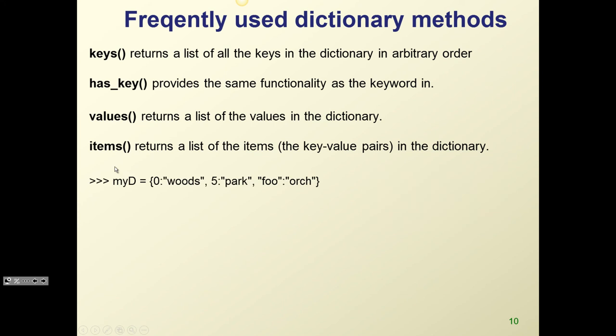Well, let's look at some examples. So we have our little hard-coded dictionary here. Predict the value that will be returned for each of these methods for this dictionary.